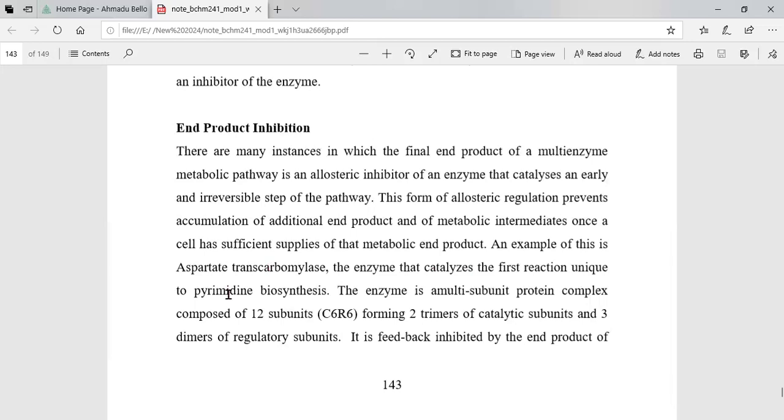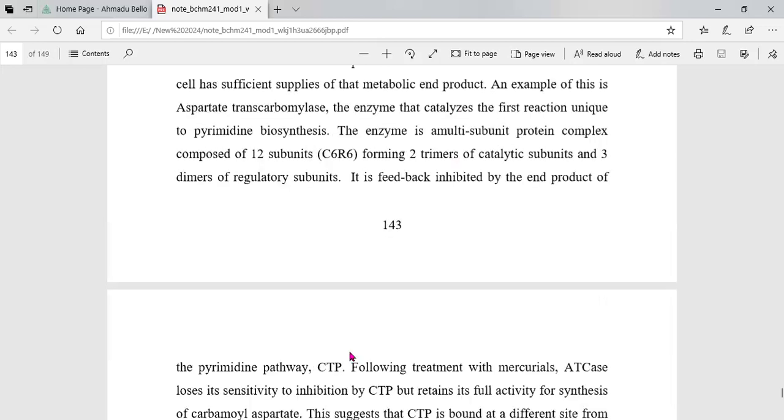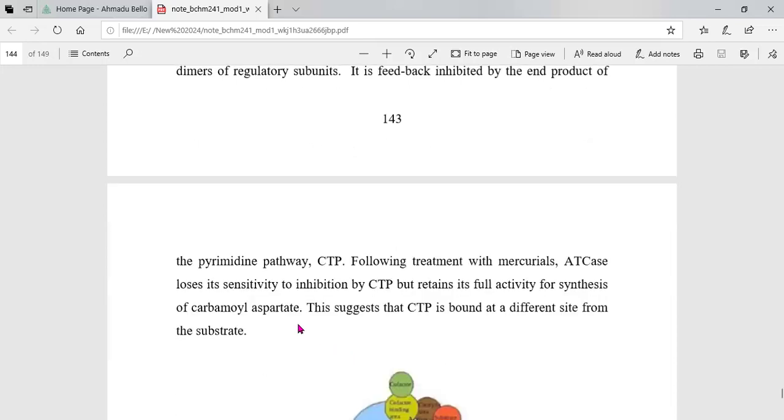Example, aspartate transcarbamylase, the enzyme that catalyzes the first reaction unique to pyrimidine biosynthesis. The enzyme is a multi-subunit protein complex composed of 12 subunits, forming 2 trimers of catalytic subunits and 3 dimers of regulatory subunits. It is feedback inhibited by the end product of the pyrimidine pathway, which is CTP.